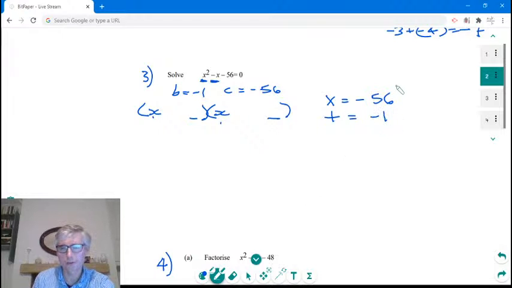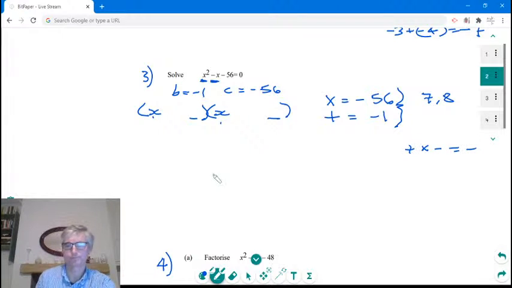So if we think about the factors of 56, for example, 7 and 8 would multiply to make 56. However, they wouldn't multiply to make -56. What we need is one of them to be positive and one of them to be negative, because positive times a negative will give us a negative.